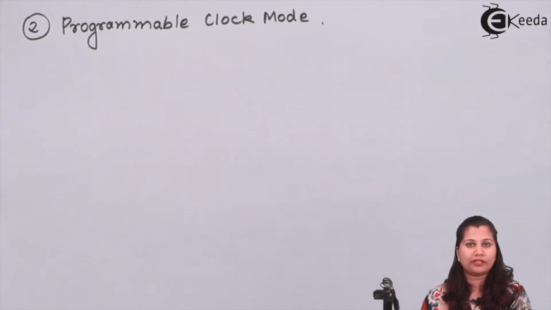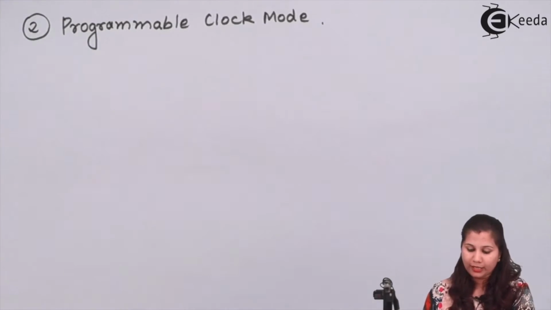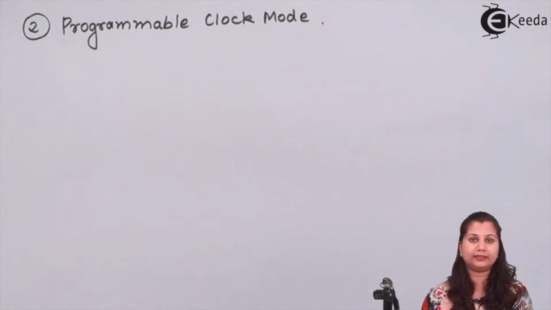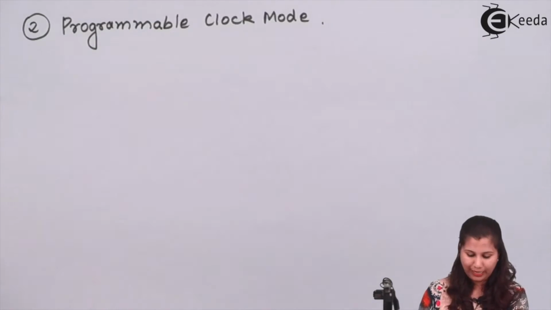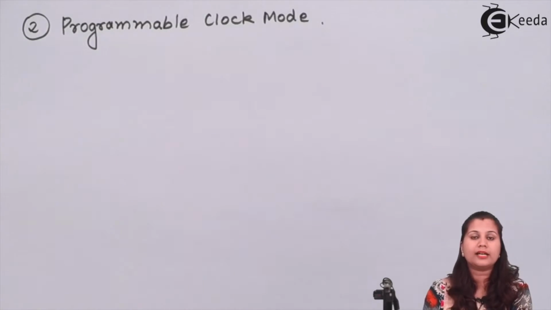Okay, so clock frequency or clock crystal is necessary for a device to work. Now this clock frequency is obtained by dividing the input frequency. Okay, so in this programmable clock mode, the input frequency is divided.